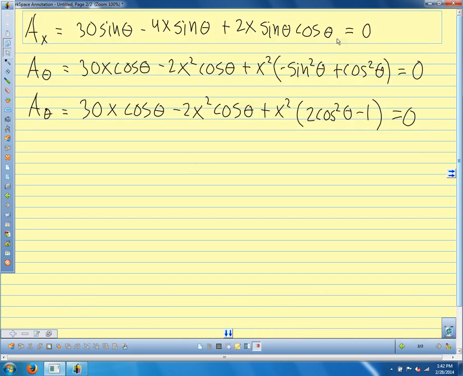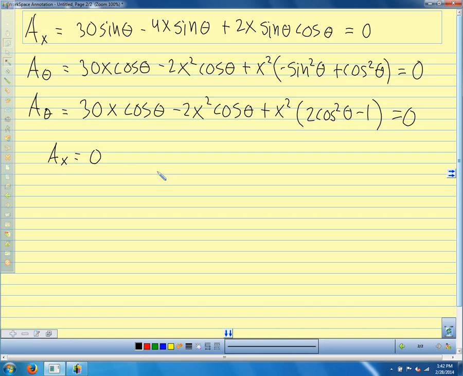So there are my partial derivatives. We're going to use the top one here and the bottom one here. When we want to solve this equation, so a sub x equals 0, I'm going to factor out a common factor of 2 sine theta here.